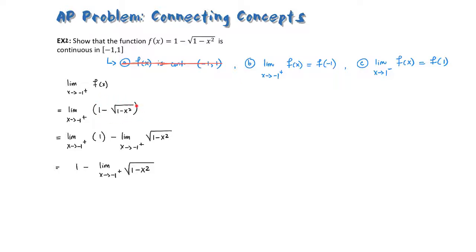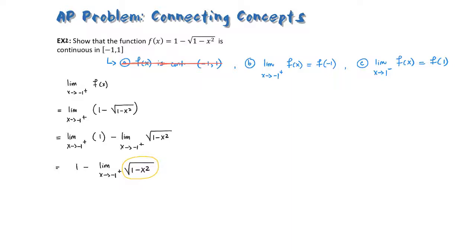I substituted f of x and I applied the limit to 1 and to the radical. So practically what I need to do right now is to focus my attention on the limit of the square root of 1 minus x squared. I want to make sure that this function right here is right continuous at -1.